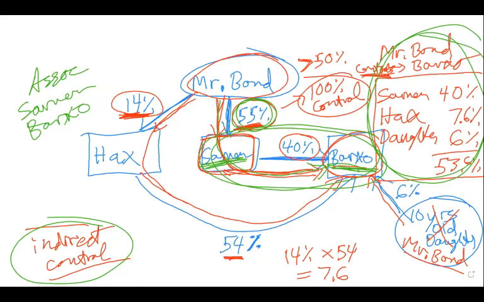They're both controlled by Mr. Bond. So that was our paragraph B example. Two companies being controlled by the same person. And it's all because of that indirect ownership.